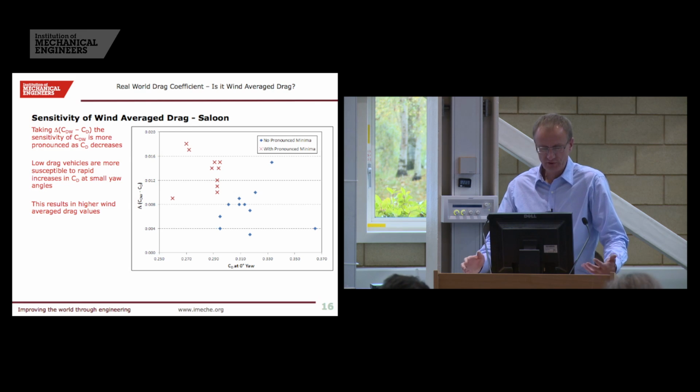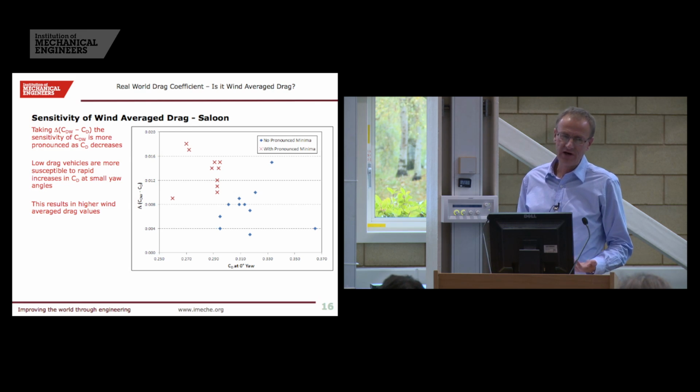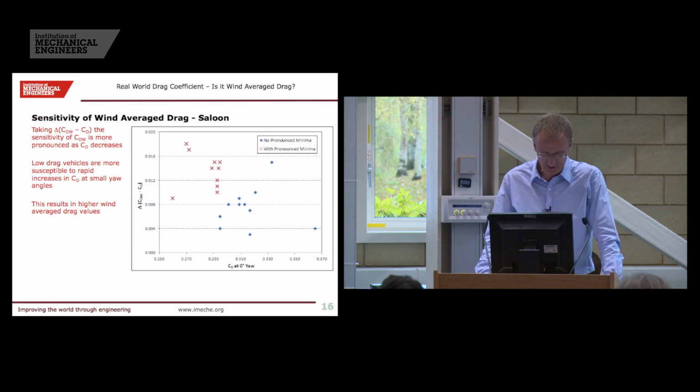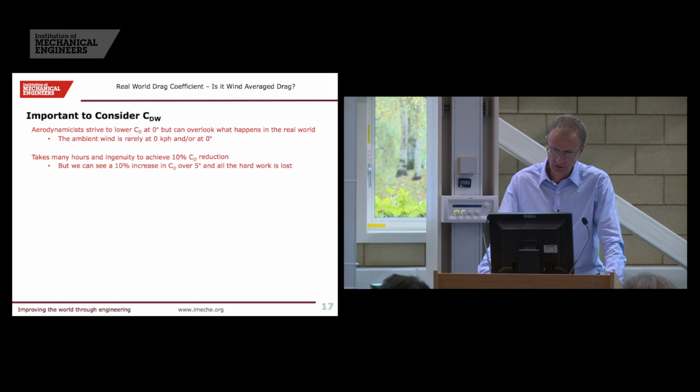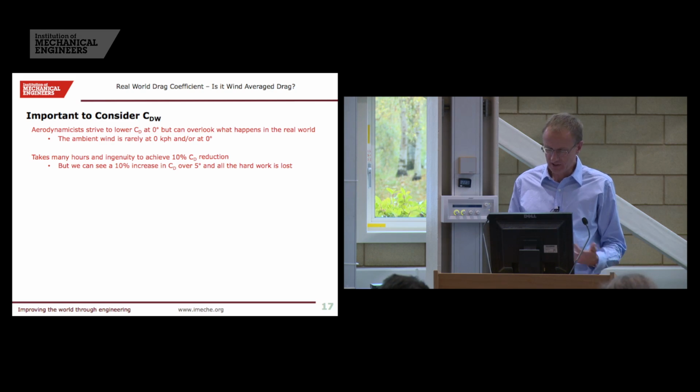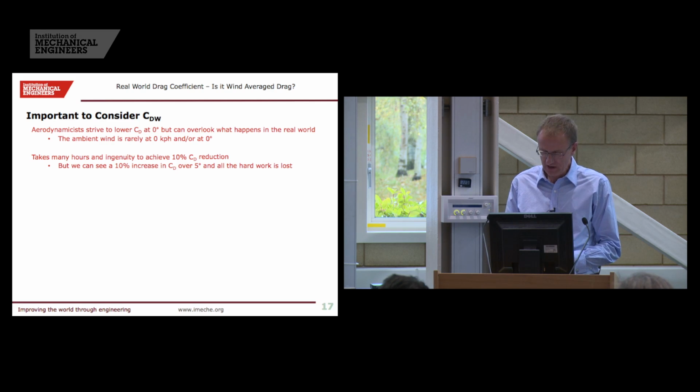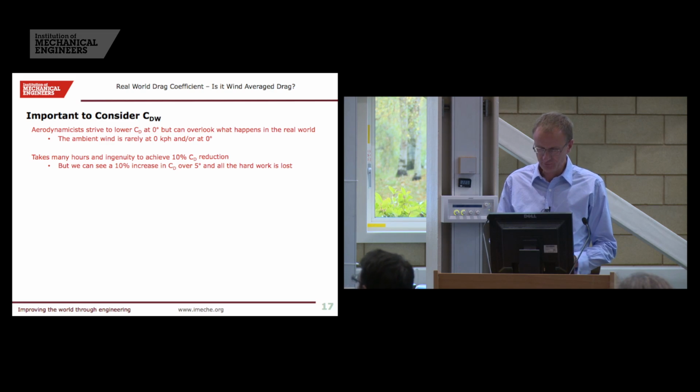So is this as a result of cars being aerodynamically developed just at the straight ahead? Aerodynamicists strive to lower the CD, but the car is very rarely in ambient wind that's at straight ahead or still.